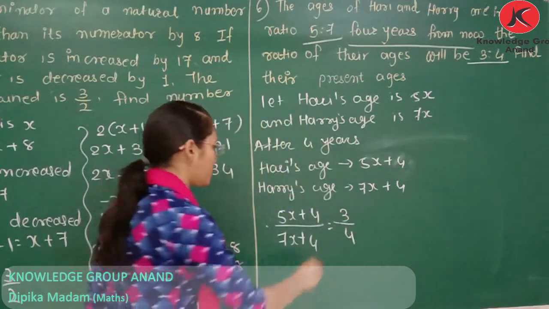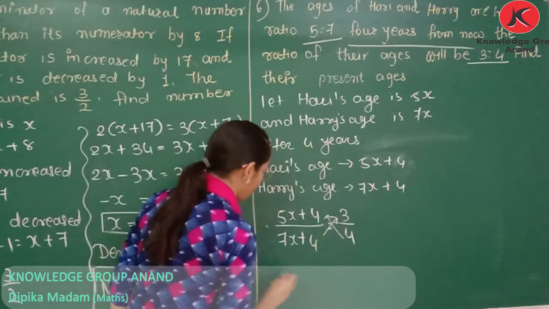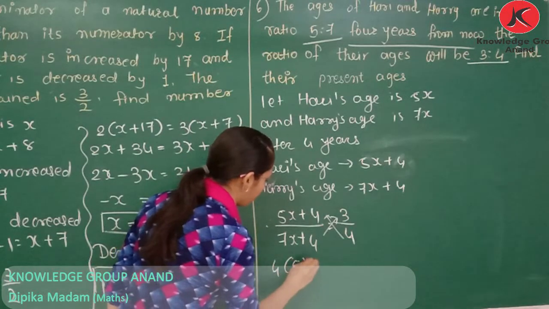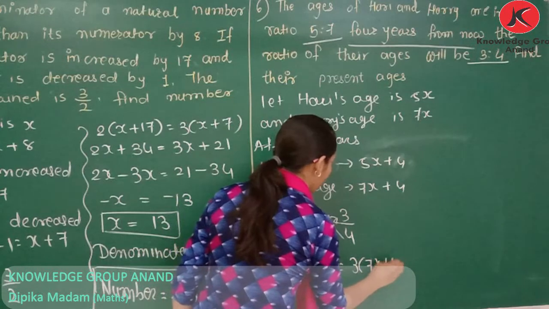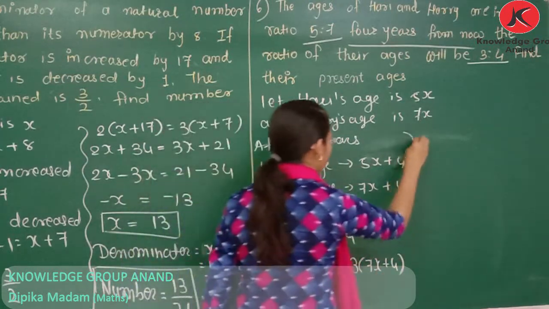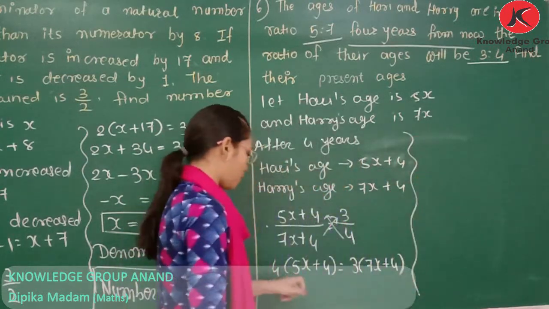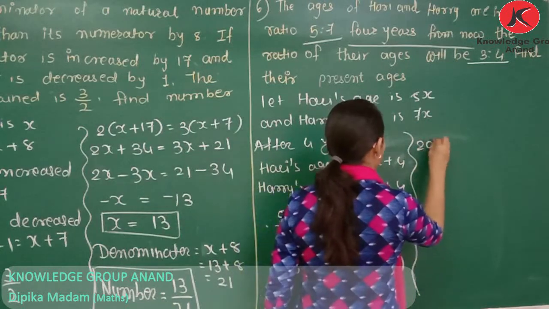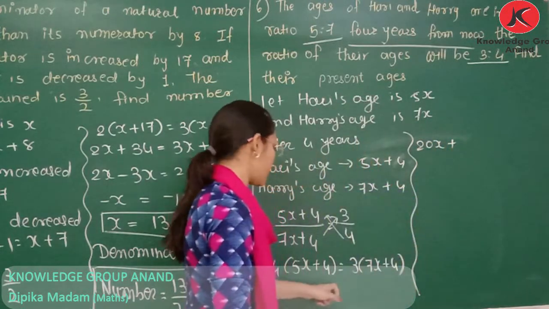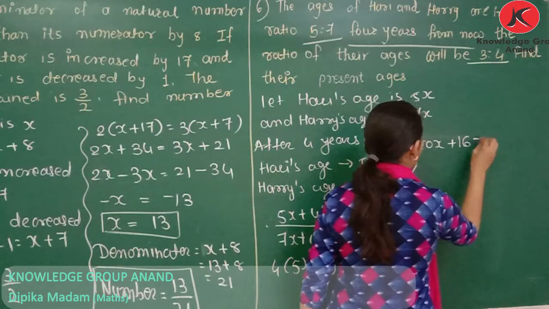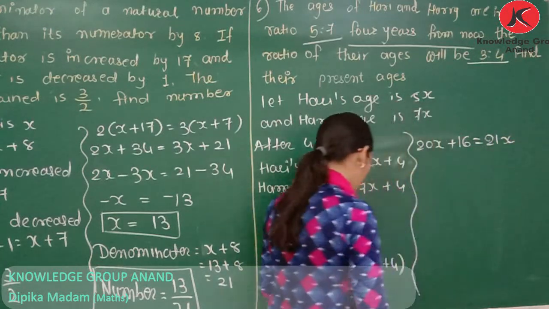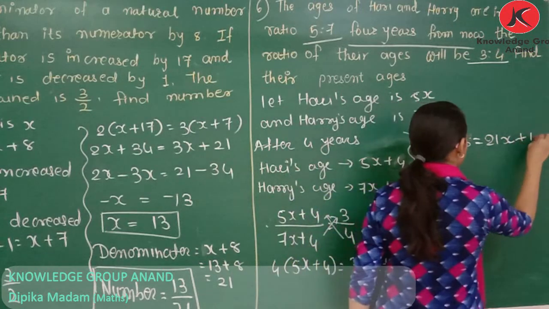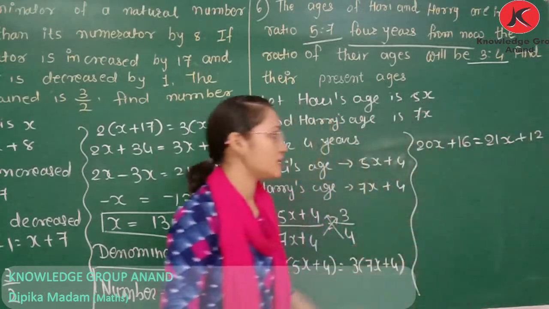Now cross multiplication. 4 is multiplied with 5x plus 4 and 3 is multiplied with 7x plus 4. Open the bracket. 5 is multiplied with 4, 20x, plus 4 is multiplied with 4, 16, is equal to 3 multiplied with 7, 21x, plus 3 multiplied with 4, that is 12.